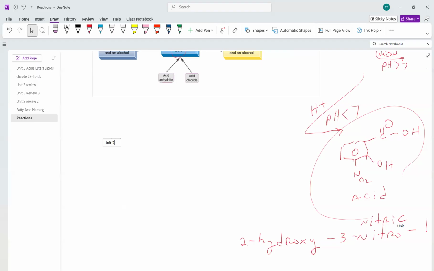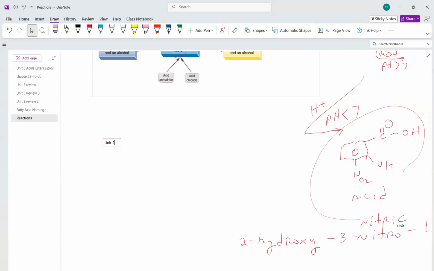Every test is like a final, because it has to use previous stuff. Like on that two-part multi-step synthesis, we use reactions from Unit 1, Unit 2, and Unit 3. So every test except for Unit 1 is a comprehensive test. But you have an extra two days to study for it too.